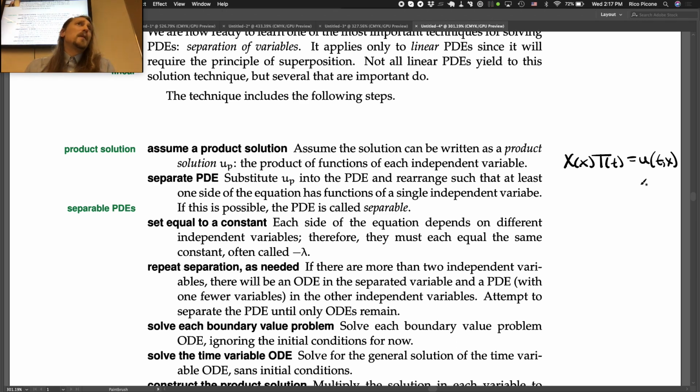A lot of physical modeling situations can be written with linear PDEs. There are nonlinear PDEs, and they are almost exclusively solved with numerical techniques, with a few exceptions, because we don't have a lot of tools to deal with them analytically. Just like with nonlinear ODEs, there aren't a lot of solution techniques.